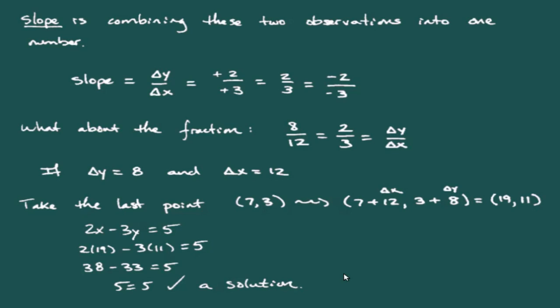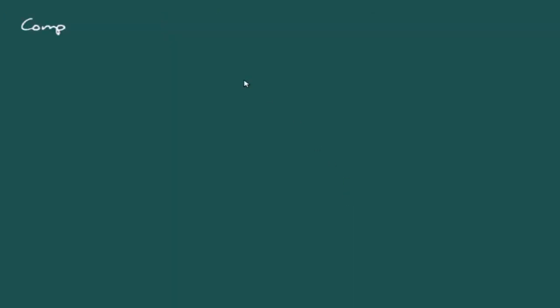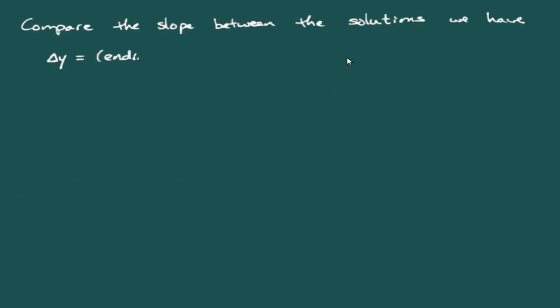And so if we take any fraction that happens to be equal to our slope, that will also give us new solutions. If we take our arbitrary point that we had, our point 2, negative 1/3, then we can calculate the slope between that point and any other solution that we've already generated, and compare the slope values.